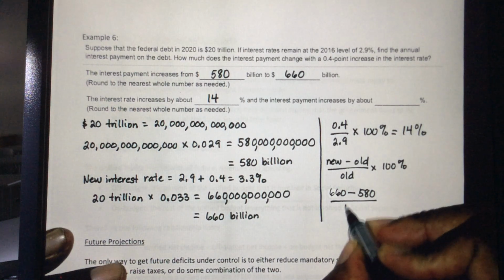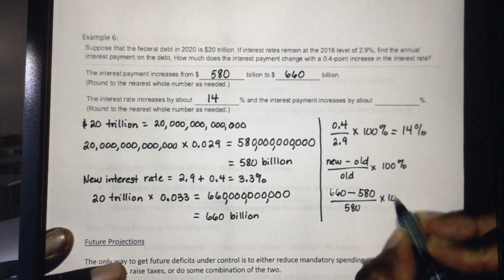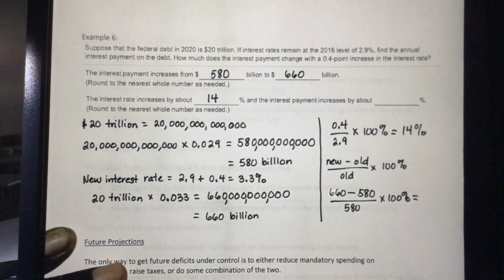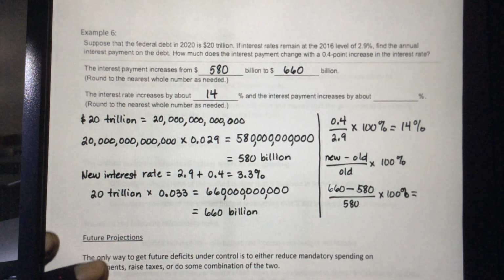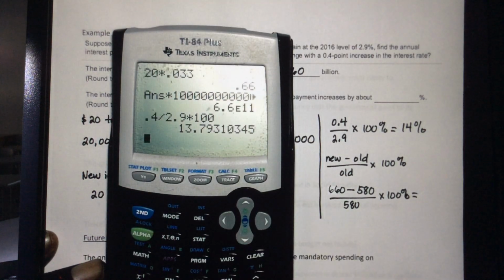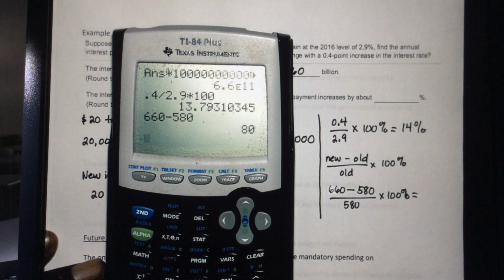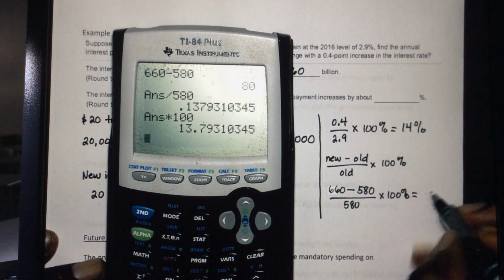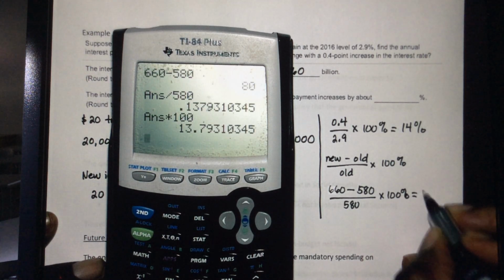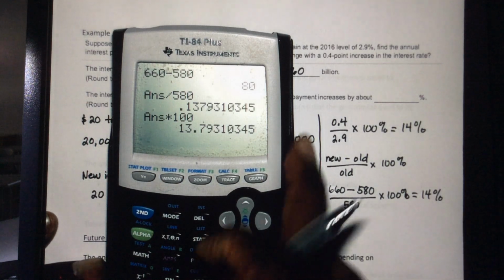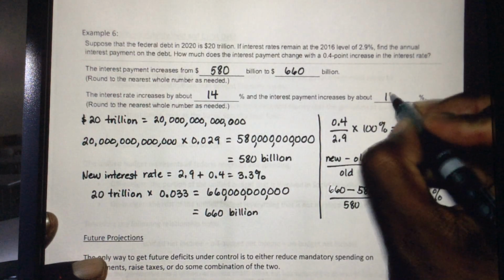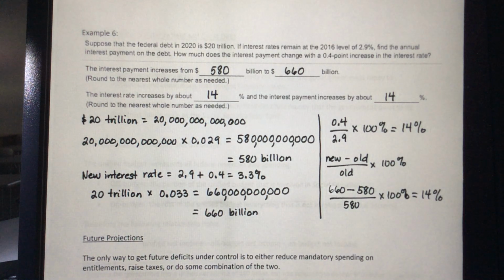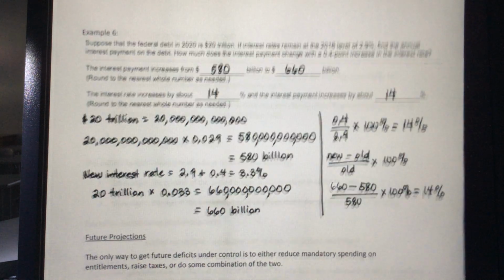Divide that by the old amount of 580 times 100%, rounded to the nearest whole number. 660 minus 580 would be this amount. Divide that by 580 times 100. To the nearest whole number, it's going to be 14%. So here the interest payment increases by about 14%.